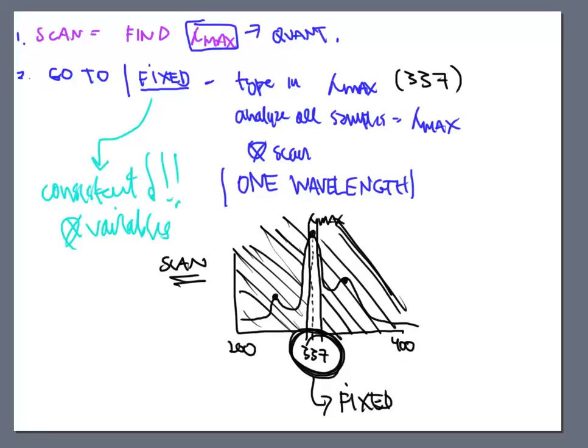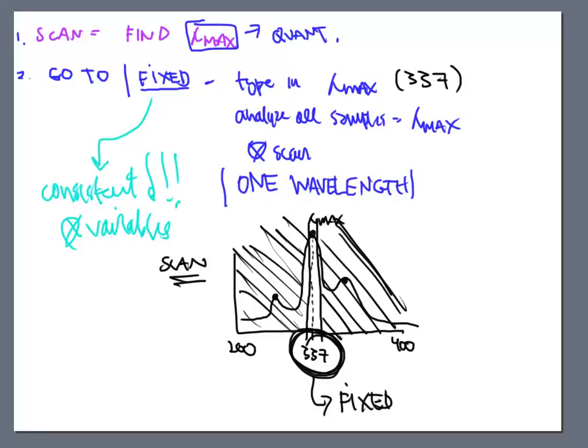So everything that I have made, all the samples that I have made, I bring to the instrument. I tell the instrument, I want you to analyze all of these at 337 nanometers. And the instrument says, okay, I'll do it. And then it begins to process the samples, and it gives me the data from the samples.